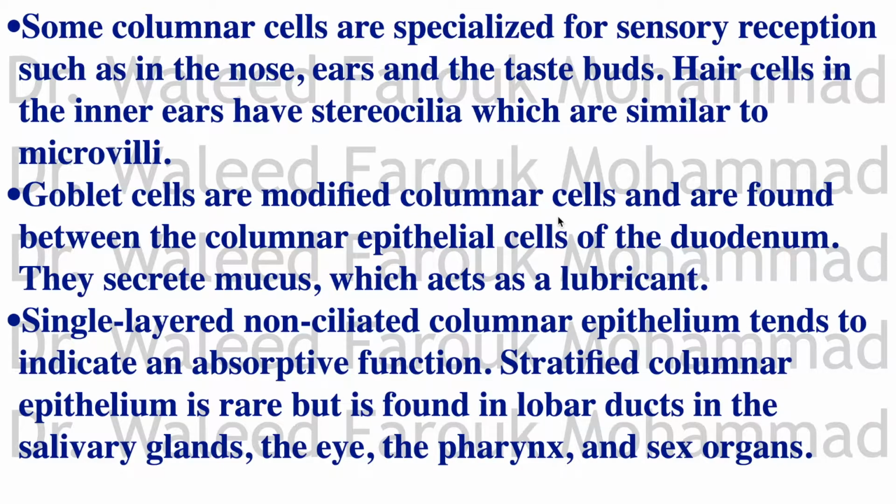Mucus is used for protection and as a lubricant. Single-layered non-ciliated columnar epithelium has an absorptive function. The stratified columnar epithelium is rare but found in lower ducts in the salivary glands, the eye, the pharynx, and in the sex organs.